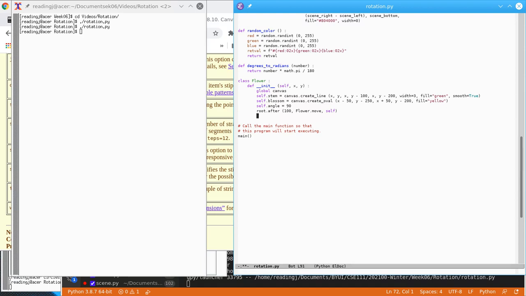So now we have to do def move(self). Okay, that was easy enough. So let's see. So delta x, okay, first we need to increment angle.